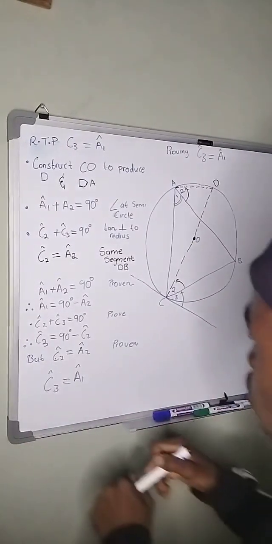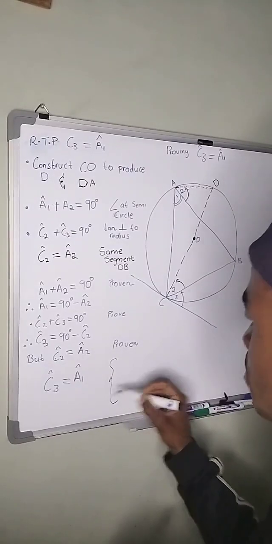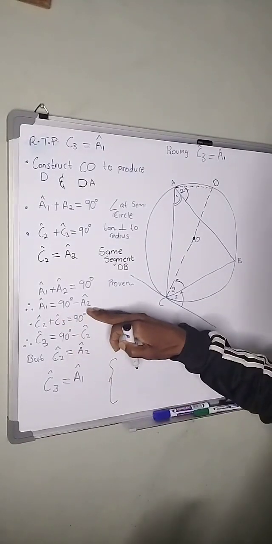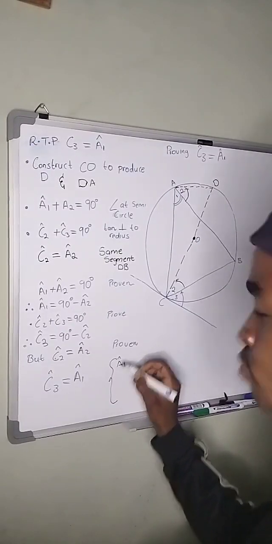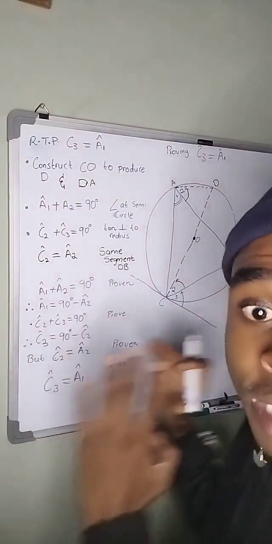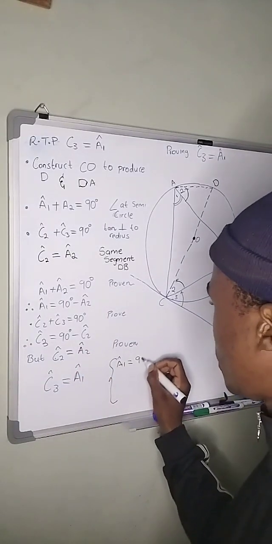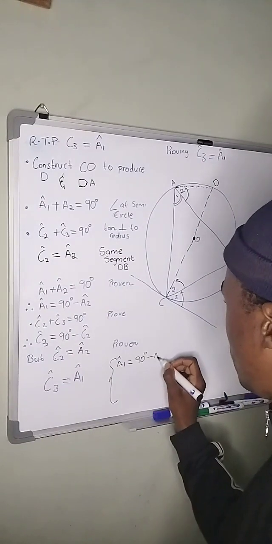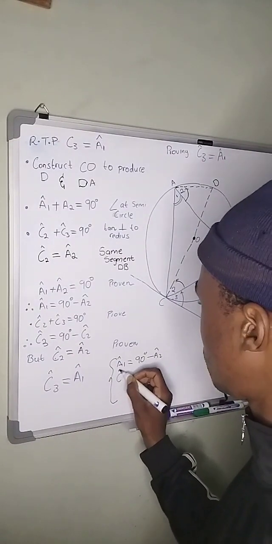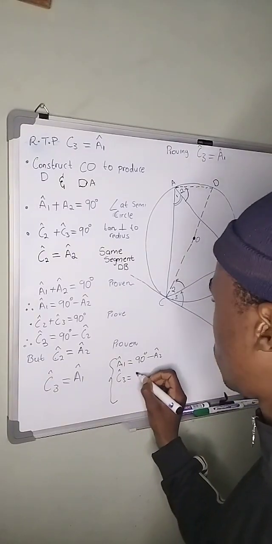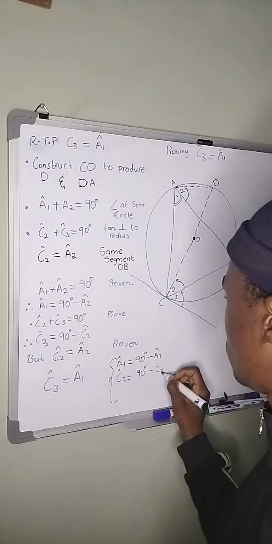I'm just going to show you. If I take this statement A1, and I just want to make this clear to you: A1 is going to be equals to 90 minus A2, and C3 is going to be equals to 90 degrees minus C2.